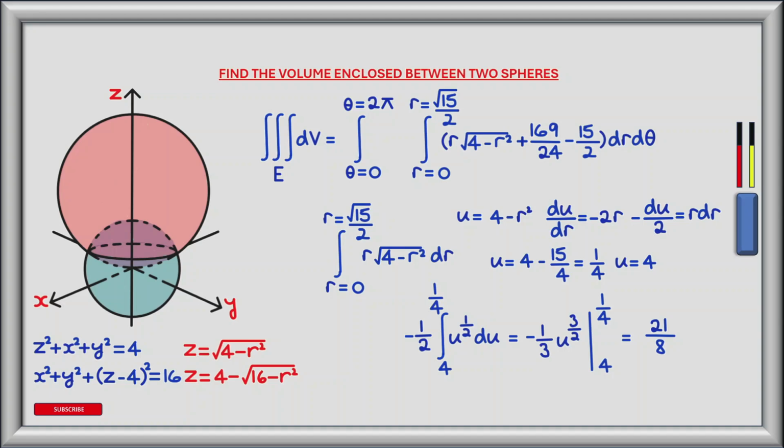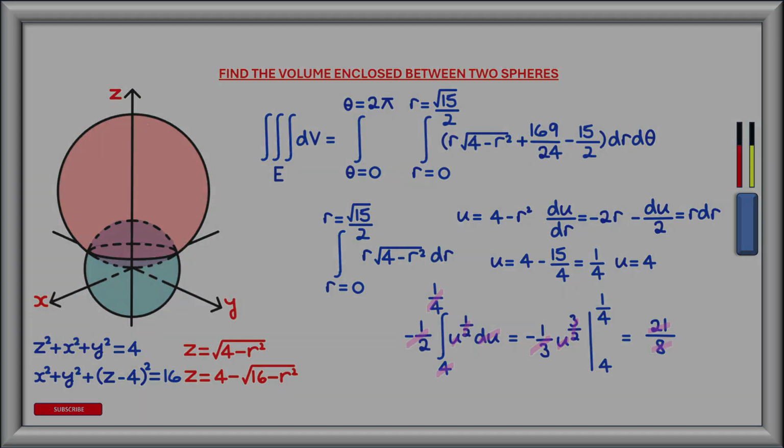And now if we make the substitution and add the new limits, we have minus 1/2 multiplied by the integral from 4 to 1/4 of u to the power of 1/2 du. And evaluating this using the power rule, we have minus 1/3 multiplied by u to the power of 3 over 2. And plugging in the limits of integration gives us a final result of 21 divided by 8.